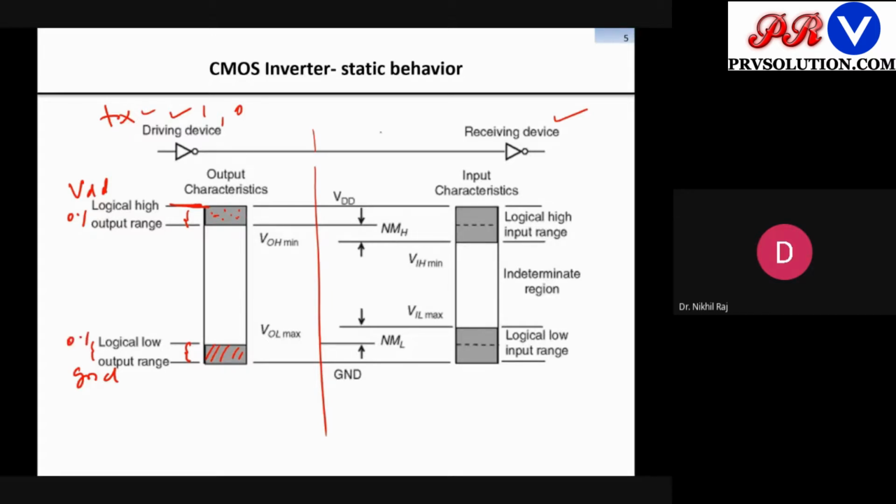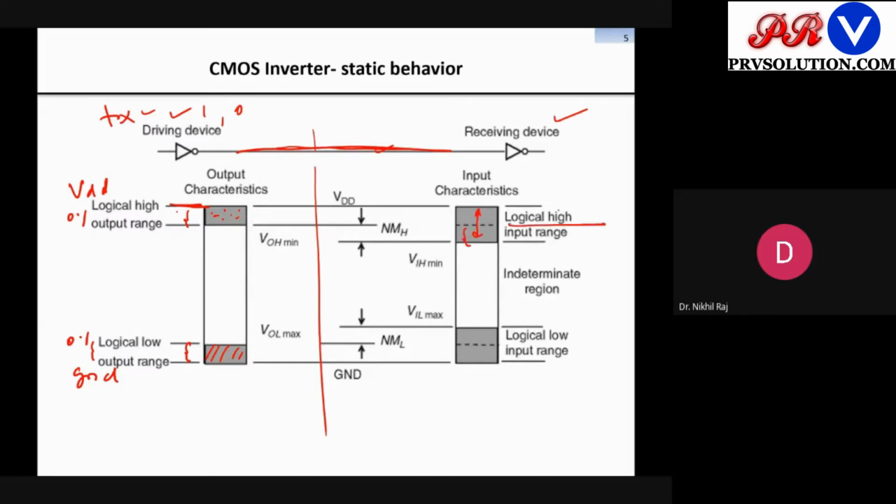Now when we transmit, let's say it is a wire, in the wire there will be some parasitic capacitance or inductance, due to which there can be a voltage addition. So this logic 1 gets enlarged by some noise.